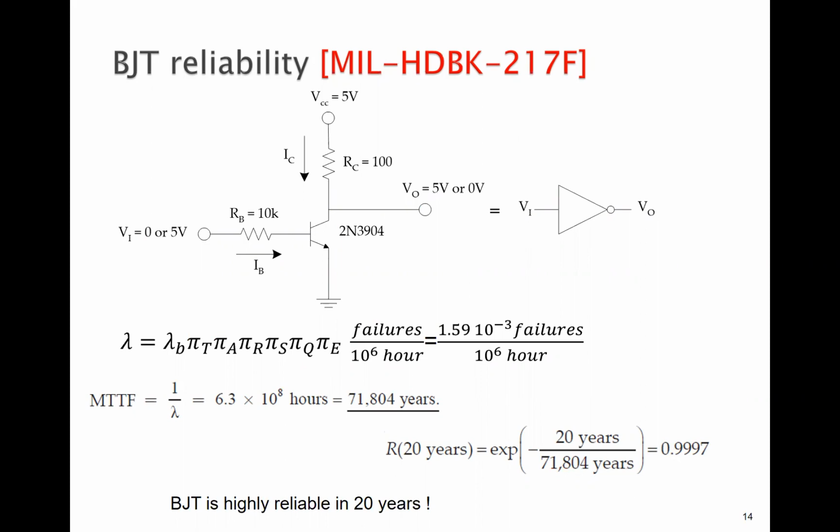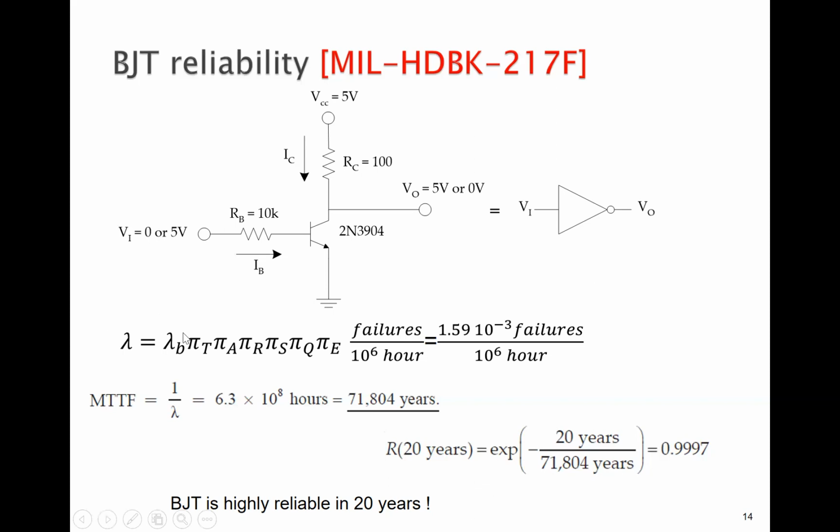So based on this handbook, mathematically, failure rate here is given as a multiplication of π4, π6, and π7. Each represents a different physical effect that is imposed on this BJT.